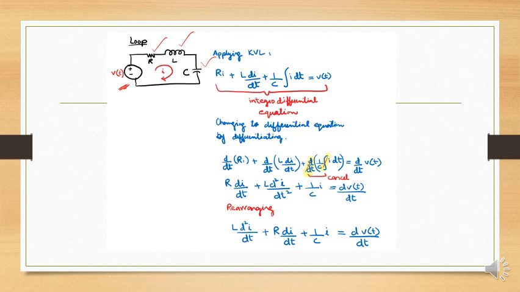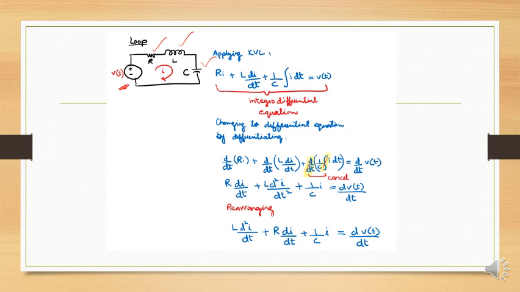Kirchhoff's voltage law says that you have to consider all the voltage drops along with the voltage which is presented to the circuit. So what is the voltage? V of t is equal to all the voltage drops across the components.